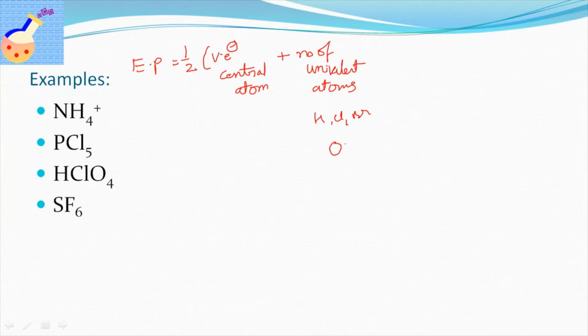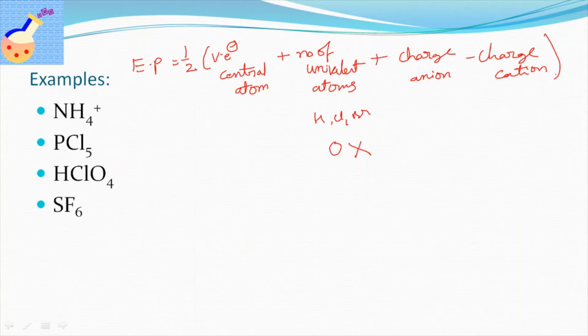You should not include atoms like oxygen because it is a bivalent atom. Then plus charge of anion, minus charge of cation. So this is the formula: number of electron pairs is equal to half of the number of valence electrons around the central atom plus number of univalent atoms plus charge of anion minus charge of cation.